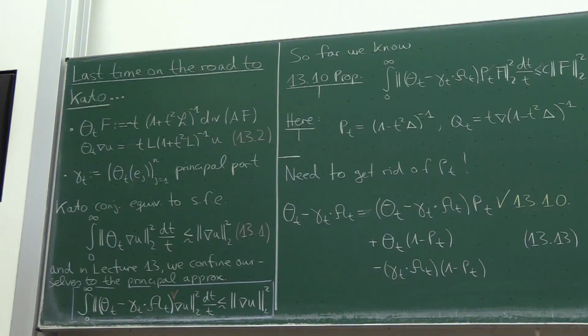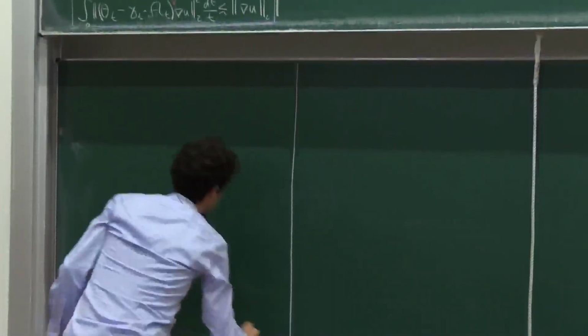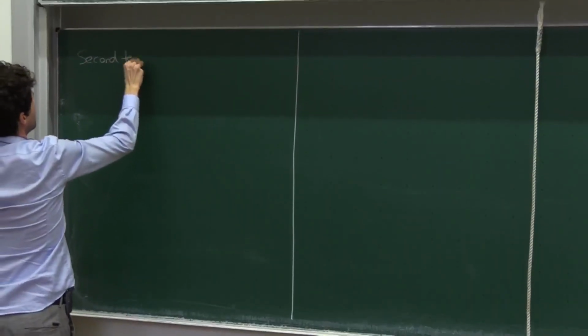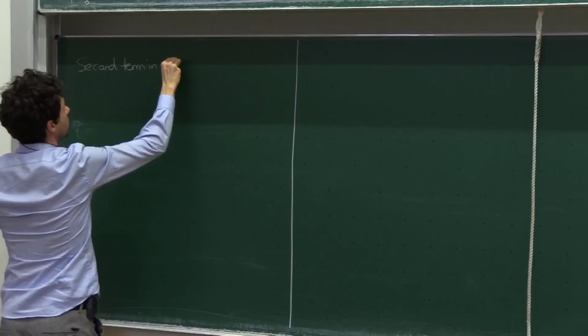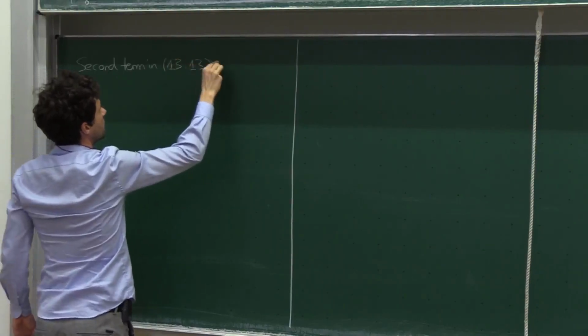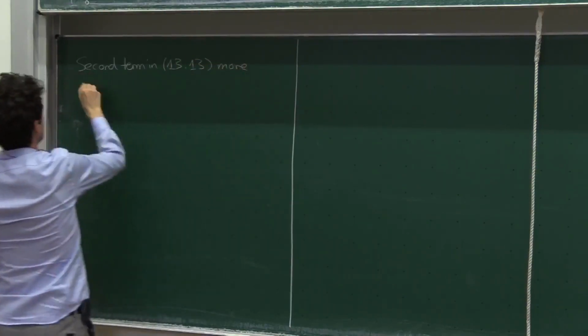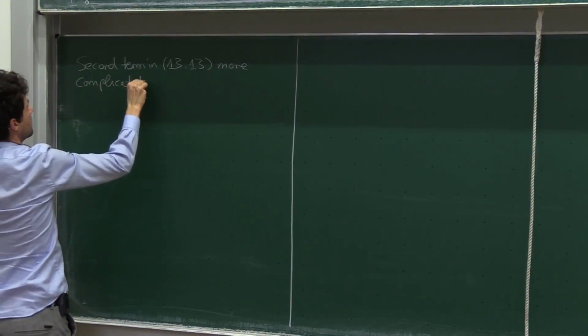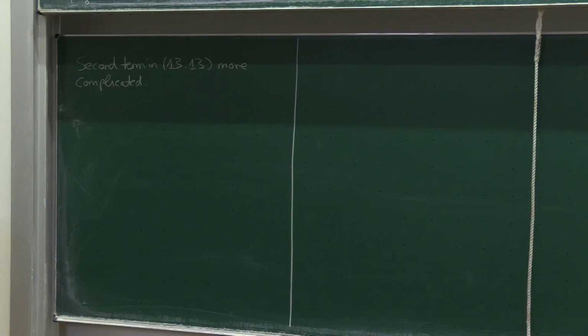I claim that the second term in 1313 is more complicated, but somehow the gist of the matter is the same. I will just remove all parts that come from the operator L, and then I will prove a result from, if you want, classical harmonic analysis.